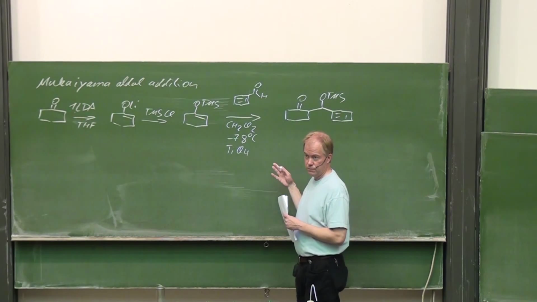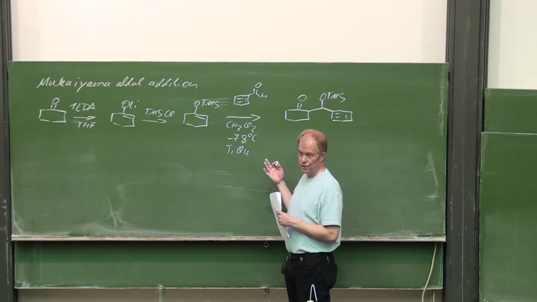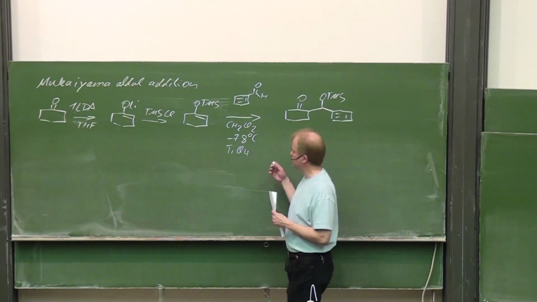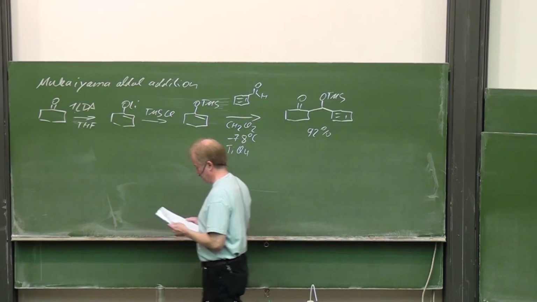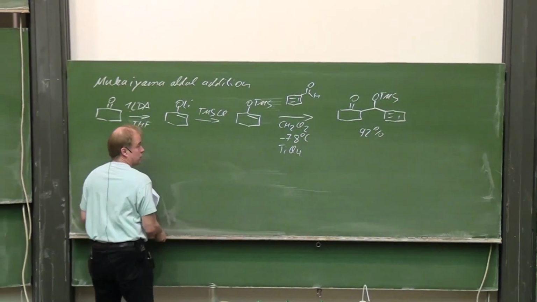And rather often one can achieve yields above 90% for the Mukaiyama aldol process, and in this case a 92% yield was reported.